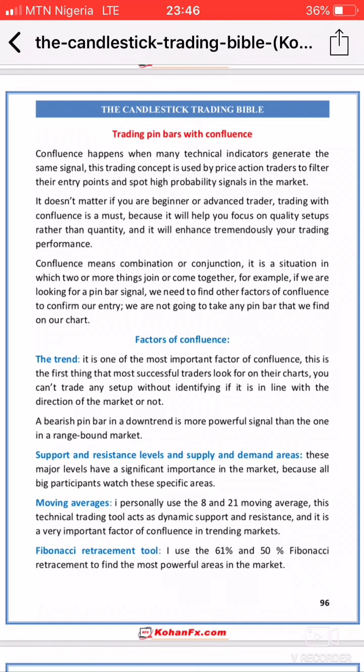These technical trading tools act as dynamic support and resistance, and it is a very important factor of confluence in trading markets. Fibonacci retracement tool. I use the 61 and 50 Fibonacci retracement to find the most powerful areas in the market.